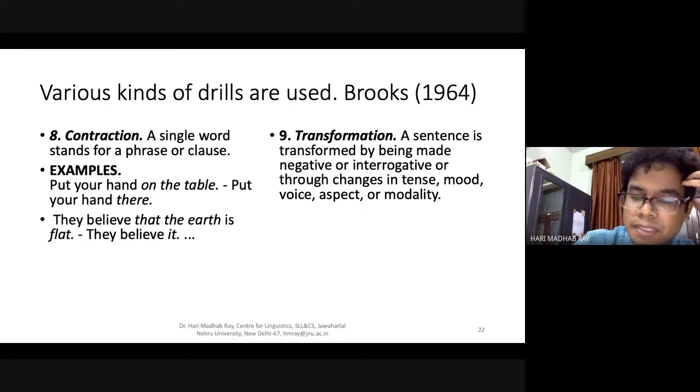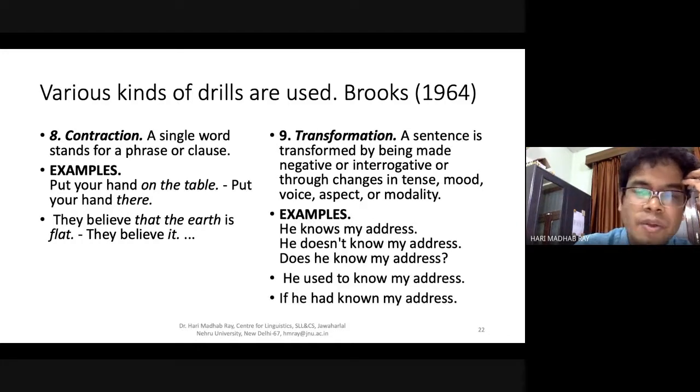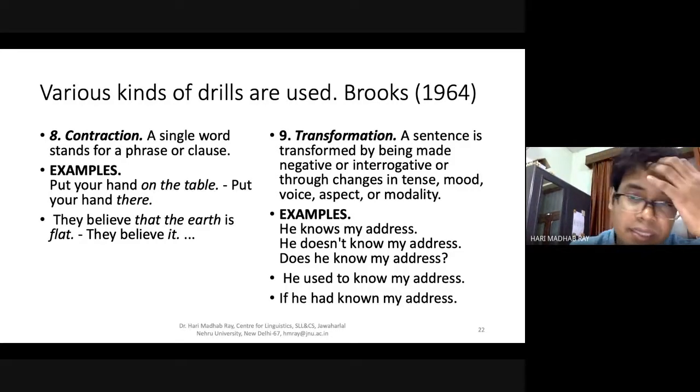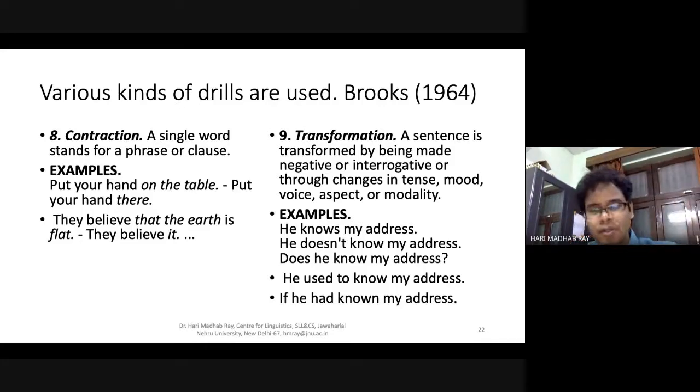Examples: He knows my address, so you can make it negative. He doesn't know my address. Does he know my address? He used to know my address. If he had known my address. So using different things, either tense, mood, voice, aspect, and modality. So students keep on doing all that kind of transformation exercise as well.